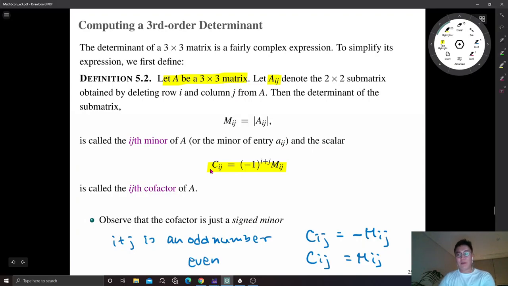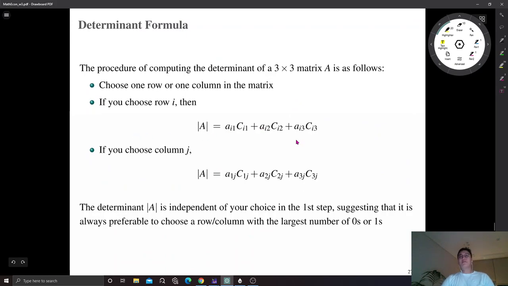All right. And with these two notions, here is the formula for the determinant of a 3 by 3 matrix. The procedure for computing the determinant of a 3 by 3 matrix is as follows. First, we choose one row or one column in the matrix. If we choose the ith row, then the determinant of the matrix is the linear combination of the entries in the ith row and their cofactors.